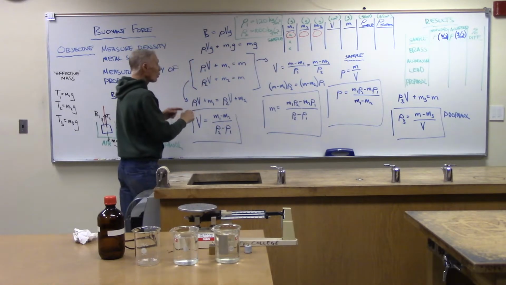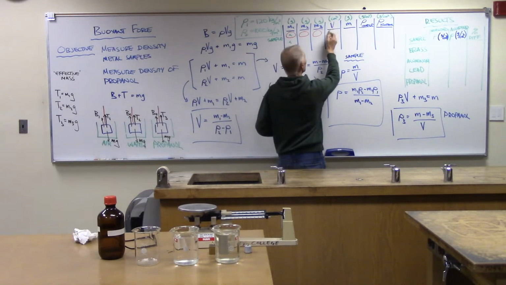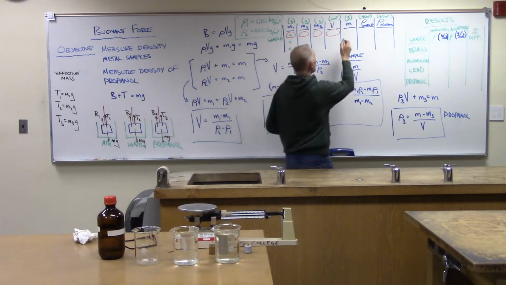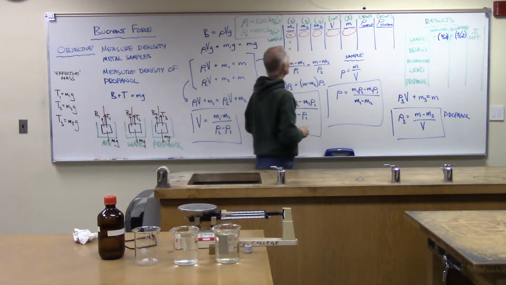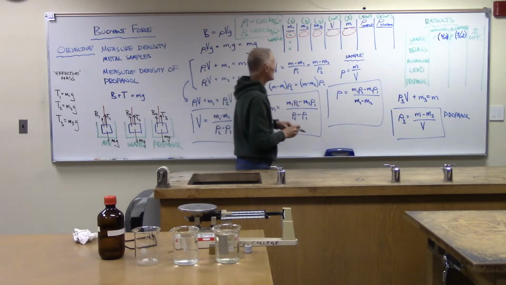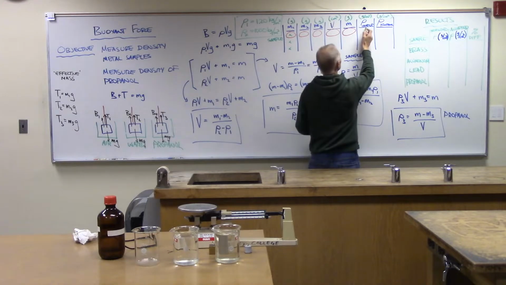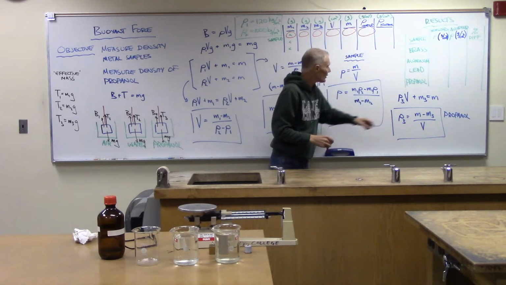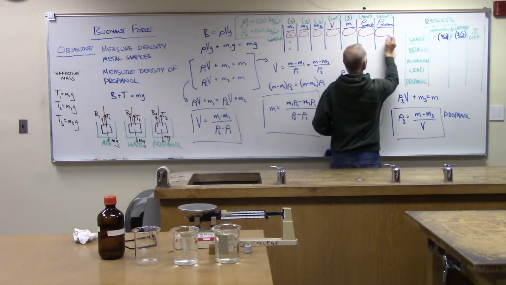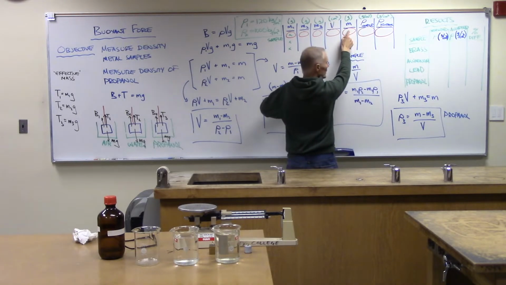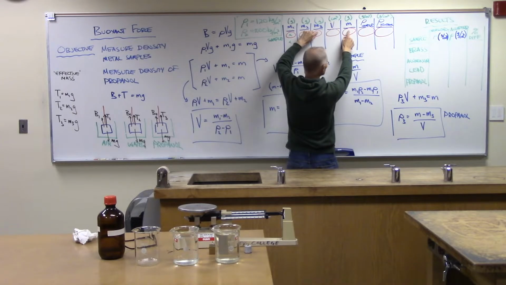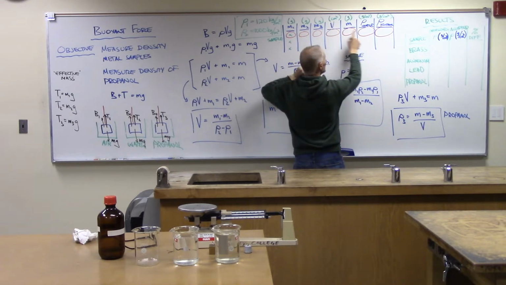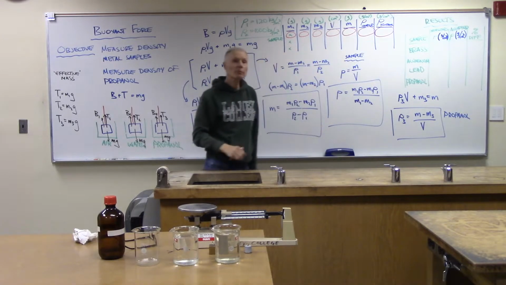I'm going to use this formula to get the volume of that brass cube, this formula to get a mass of that brass cube, and then this to get the density of the brass itself. And then finally I'm going to use this formula to get the propanol. So I can take the M here and the M3, this minus this, divided by this, and that will give me the density of the propanol.